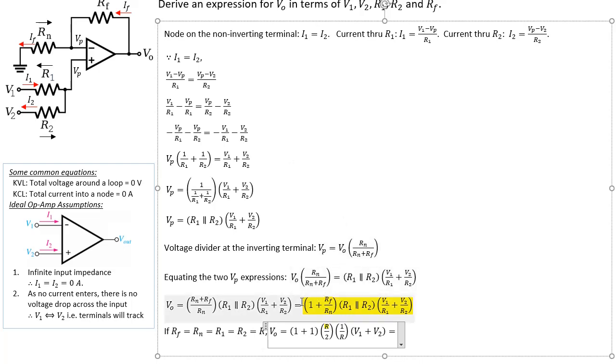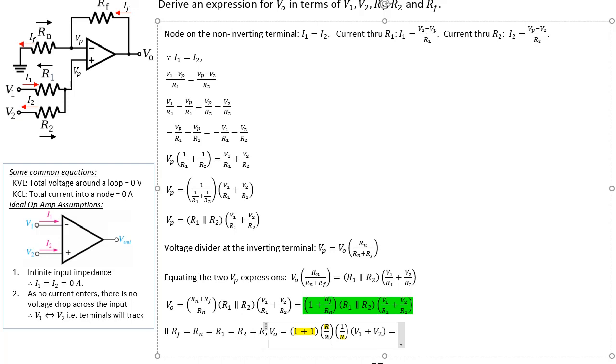I think I'll use a different color here for the answer. So this R and that R will cancel out, the bottom R here. And the 1 plus 1 and the 2 will also cancel out, because 1 plus 1 is 2, so that cancels with the 2 at the bottom here.